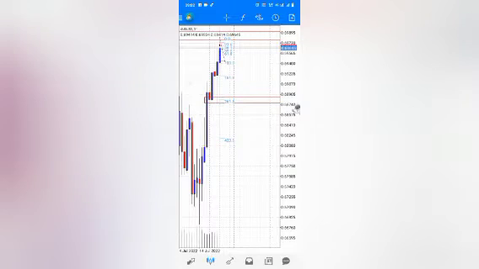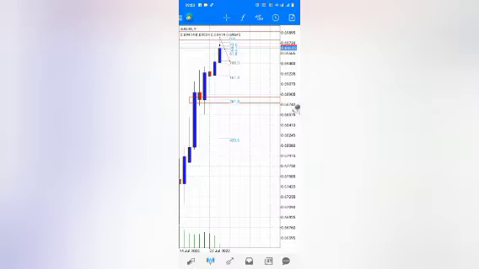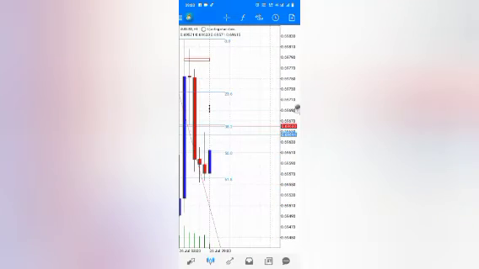Let me zoom in and out. The low of the candle as of now is this. I'm going to slice it like this so that you can see it. Now let me scale that to 1 hour.